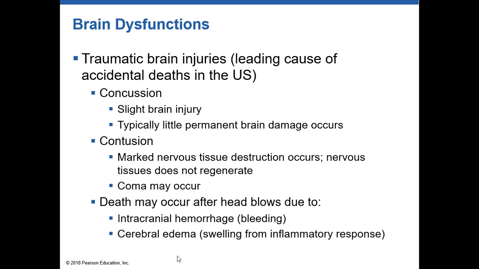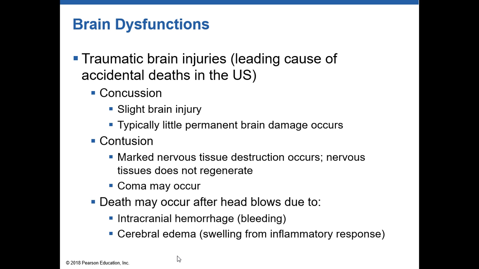Whenever we fall or hit our head, we can get something called a concussion. This is a slight brain injury, and often you don't see any nervous tissue being damaged, but there's still damage that you can't see. Most of the time, our brain heals from this, and there's little permanent brain damage.